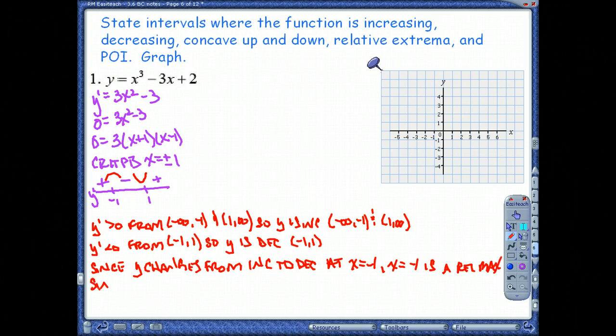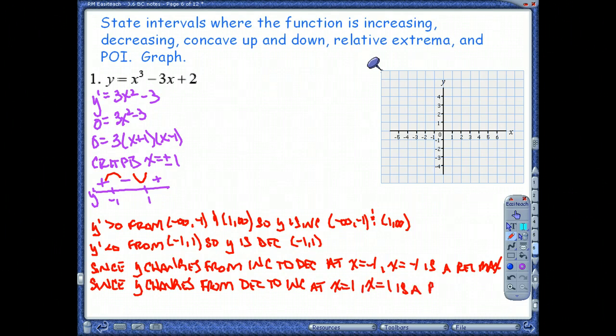Since y changes from decreasing to increasing at x equals 1, x equals 1 is a relative min.